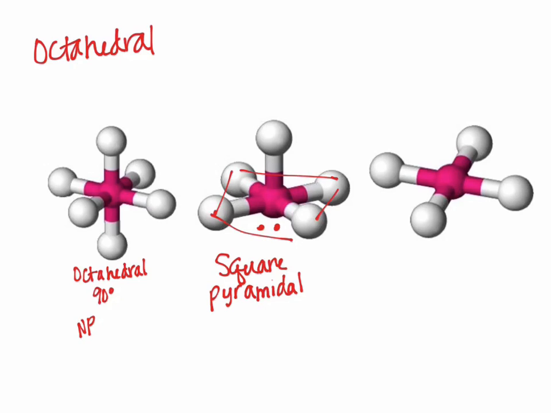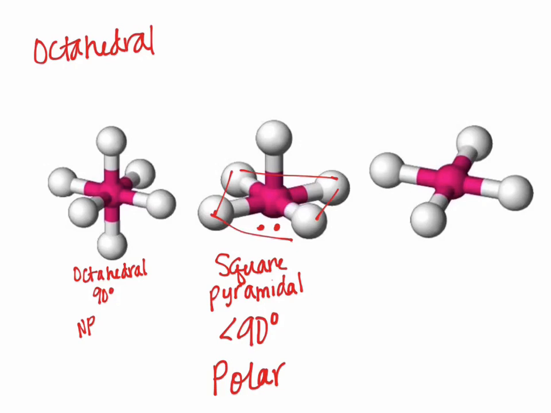Our angles get smaller, so it's less than 90 degrees, and we have the lone pair, so it is polar. Why do they all get smaller? Because those lone pairs are stronger, and they're pushing them up, depending on where the lone pairs are.